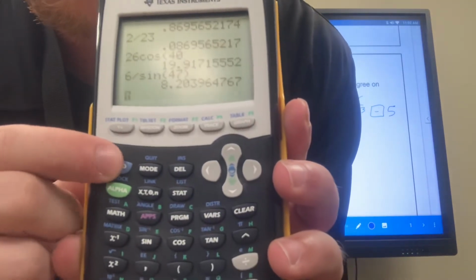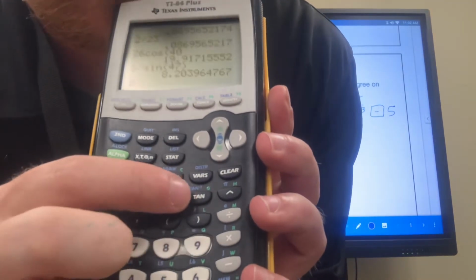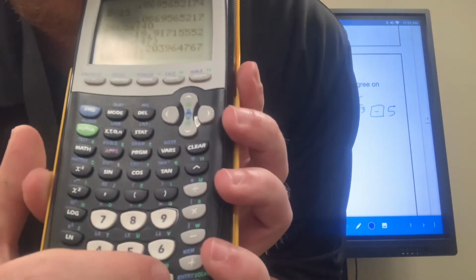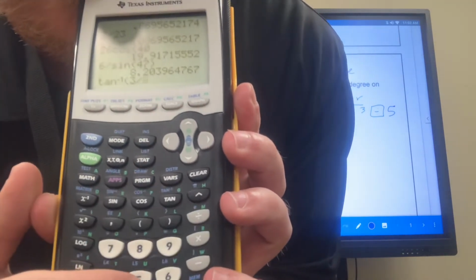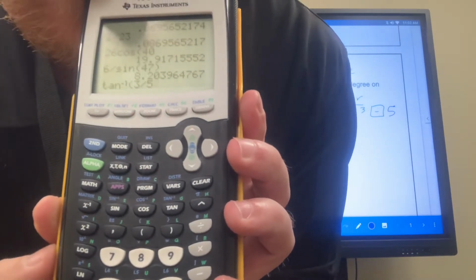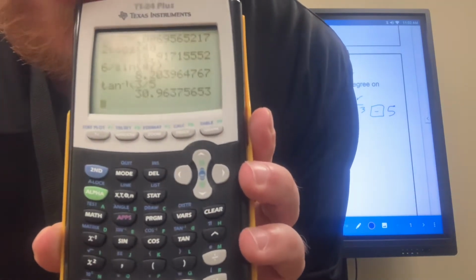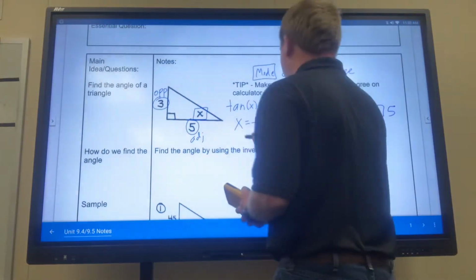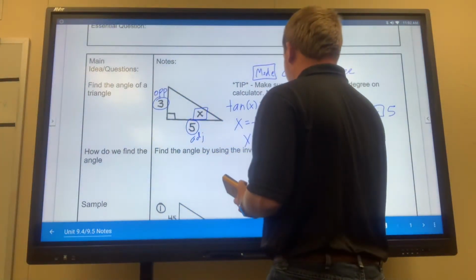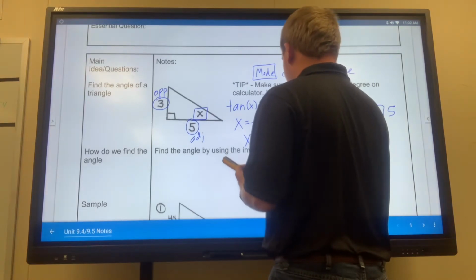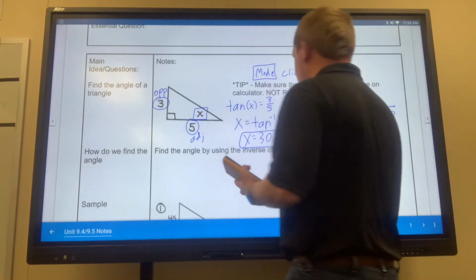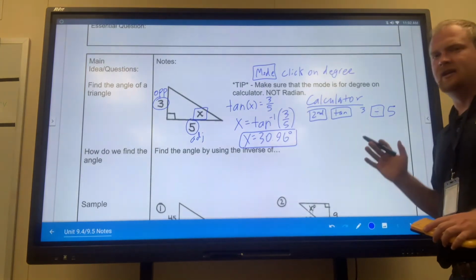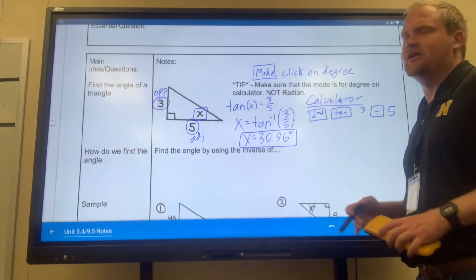Second, tangent, 3 divided by 5. Press enter, and that's giving me 30.96 degrees. And that's how I find the missing angle.